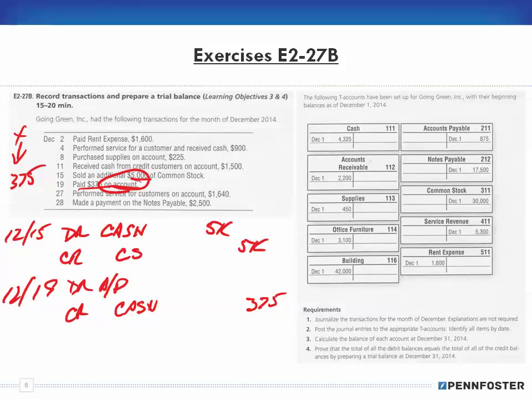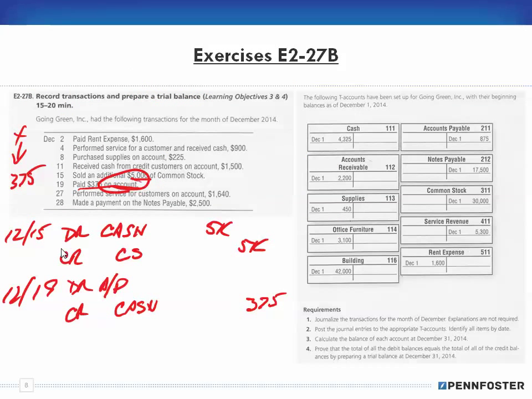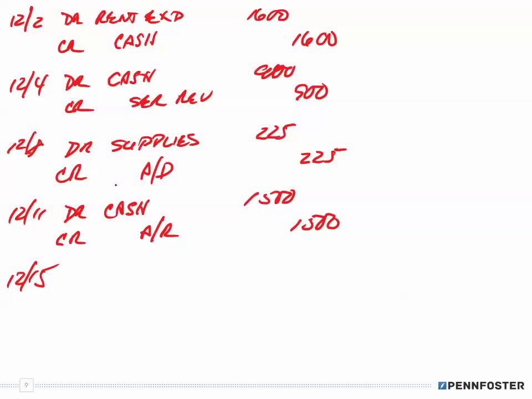So those two journal entries, 12/15 and 12/19, I'm going to write on this slide here, right? 12/15 was a debit to cash, credit to common stock. Debit cash, credit common stock for 5,000.